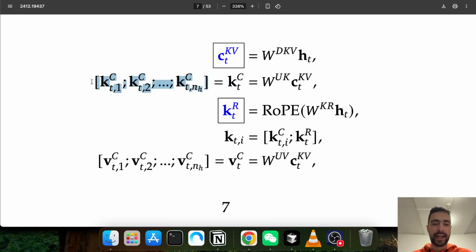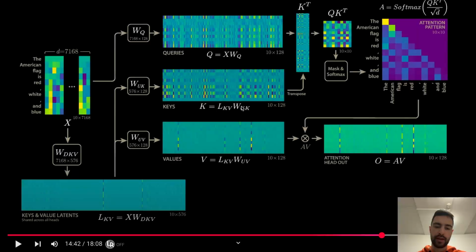And you see here the key heads. So when we get the full key vector, we divide it into heads, then process each head separately with the attention mechanism as I explained. We can see all of that here. We have the latent space that we got by downscaling the token embeddings, and then we have W up K, which will convert this latent into the key matrix, and W up value, which will convert this into the value matrix.